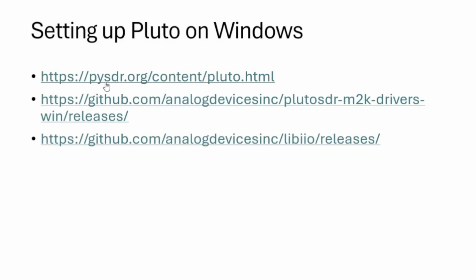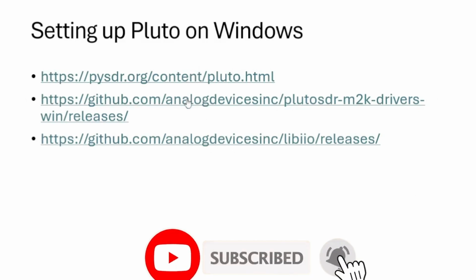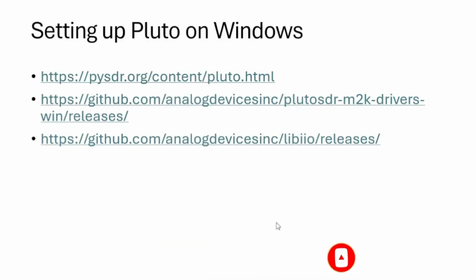This website, I put the link down in the description. If you go there, there is a very good instruction on how to install the drivers for different operating systems and also very useful information about SDRs in general. So I strongly suggest that you also visit this website.